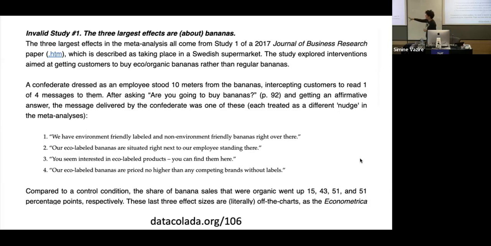Oh yeah, so I think all 3 of these are experimental compared to the control, and the sales of organic bananas went up 15, 43, 51, and 51% respectively. That's one too many. Maybe those were all interventions and the control was not saying anything. Yeah, that must be it. So this increased the sale of eco-friendly bananas by 15%, 43%, 51%, 51%.